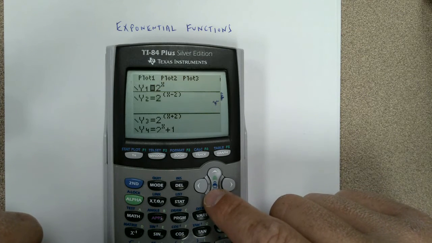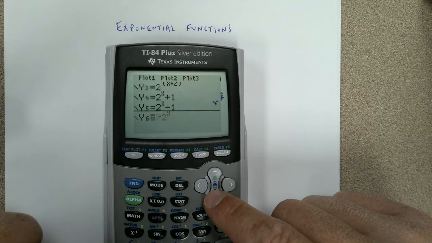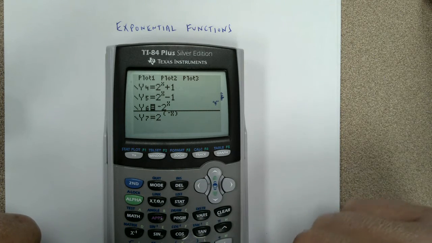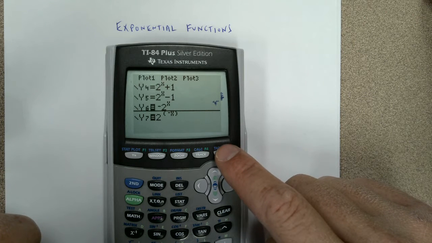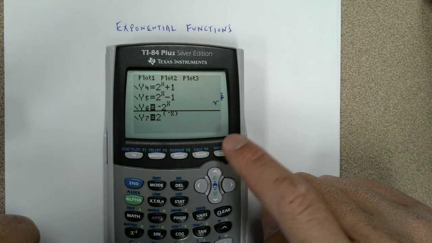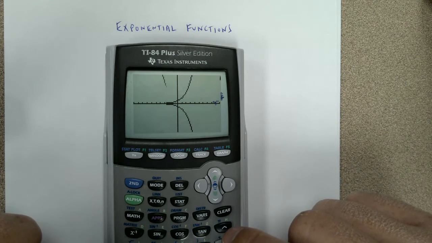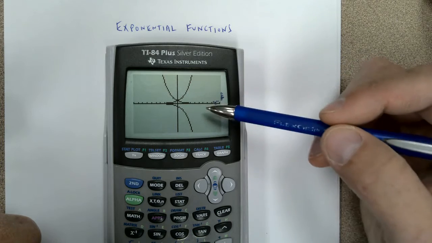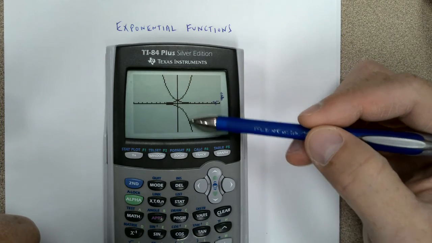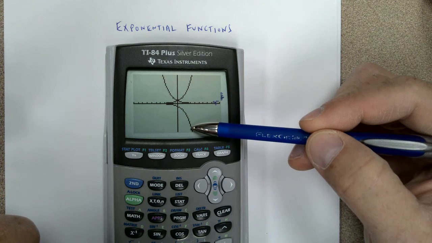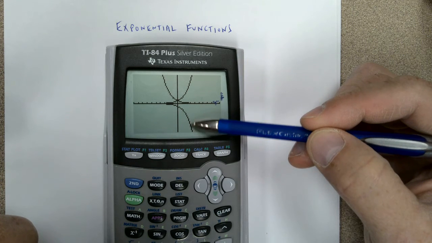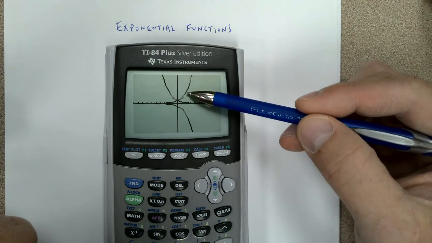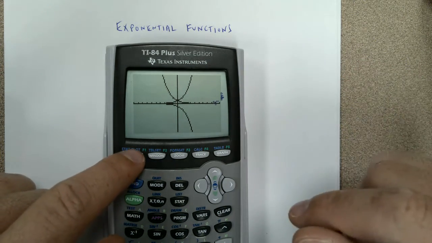If I put the negative with the exponent, so 2 to the negative x, it's going to reflect it across the y-axis. So you can see here's my original curve. Here is negative in front, so it reflects it across the x-axis. Here is my negative in the exponent, that reflects across the y-axis.